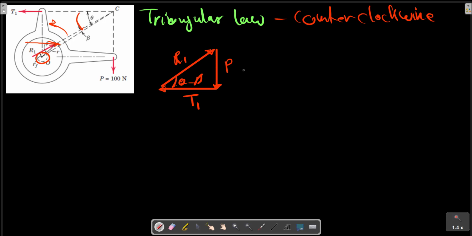With these relations we can write the free body diagram as this picture and the triangular law.